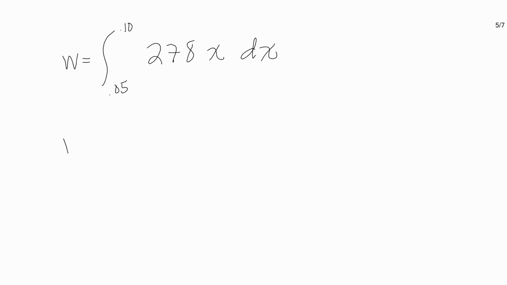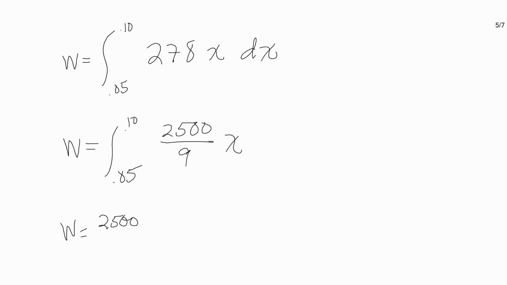And that's going to be W is equal to, what's 2,500 over 9? 277.8. Okay, let's go with 2,500 over 9. I'm just changing it to a fraction because I don't trust y'all. Y'all probably told me that wrong. So W is equal to 2,500 over 9, x dx, integrated.